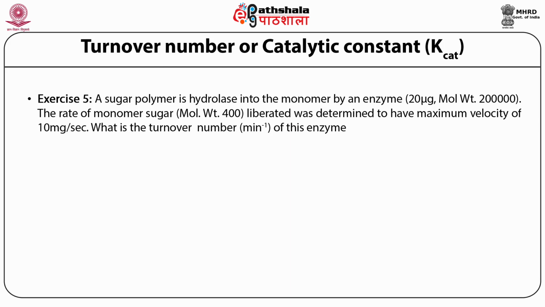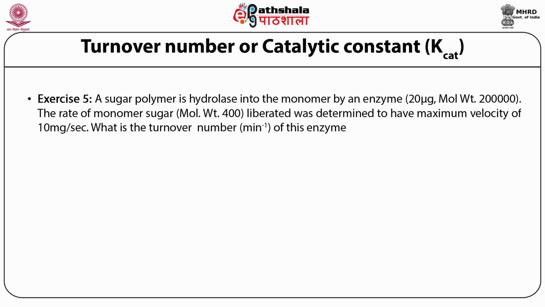For example, in the case of the enzyme, the molarity will be 20 divided by 2 lakhs. One more interesting point is that sometimes molecular weight is given in Dalton. Dalton is always the unit of molecular weight, so you don't have to worry about Dalton.